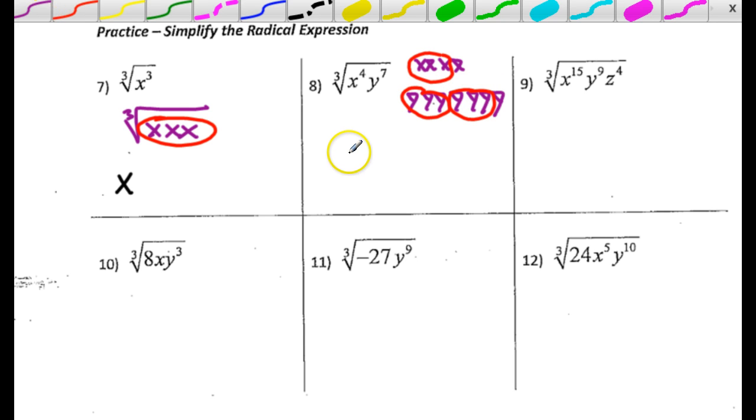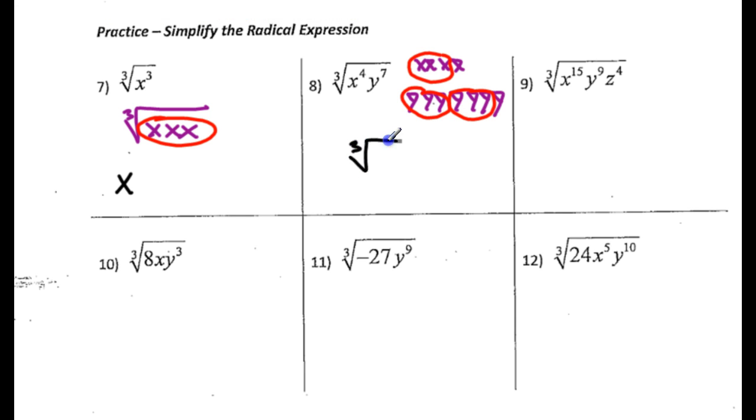So now let's put that into our answer here. I'm going to put my radical sign. What comes out on the x? One group of x, so it's just an x that comes out. 1x stays in, so I put 1x. Look at my y's. 2 groups came out, so y comes out, but squared for 2 groups. And this 1y stays in.